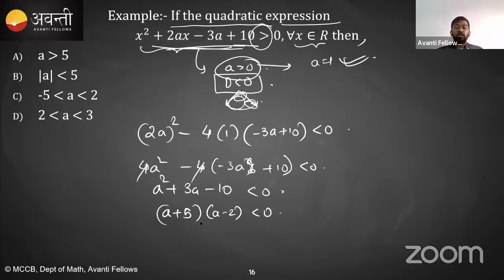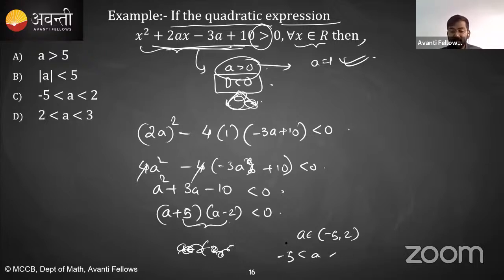So we know that this is only possible for a element of minus 5 to 2. So can I write a is greater than minus 5 and less than 2? Correct. So our answer is option C.